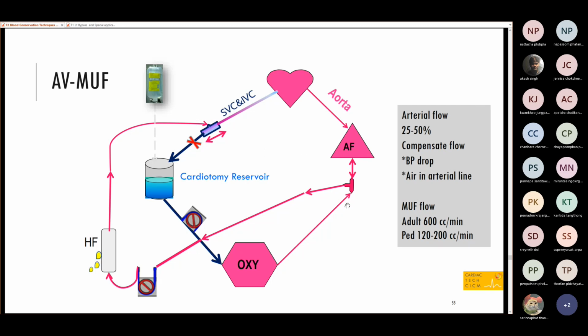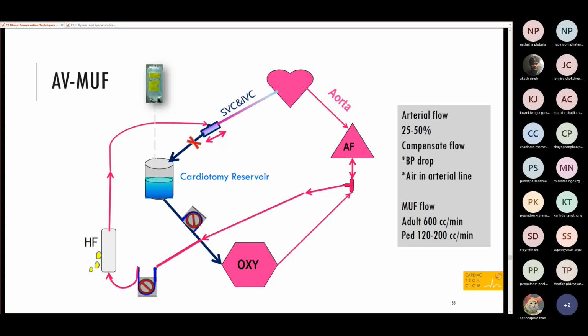So during this AV MUF procedure, the blood goes directly from the arterial side to the filter and back to the venous side, where the venous cannula is, right?